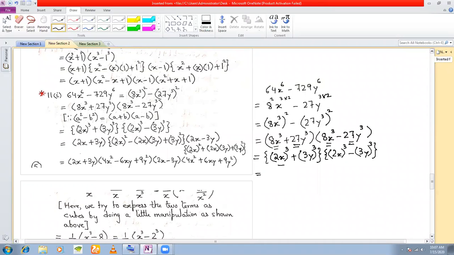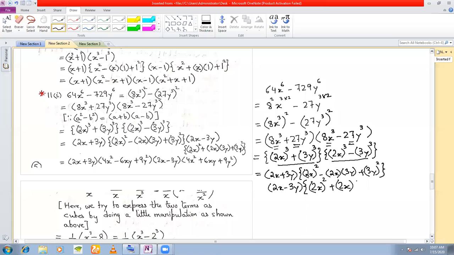So this is now a cube plus b cube, and this is a cube minus b cube. So this is a plus b into a square minus ab plus b square, into 2x minus 3y, that is a minus b, into a square plus ab plus b square.